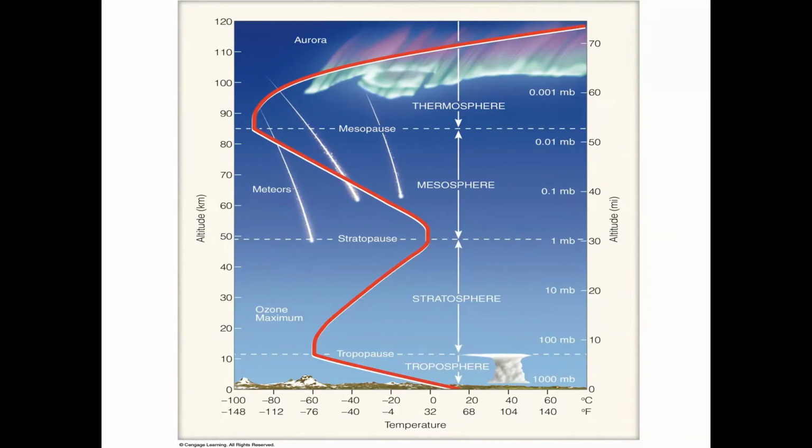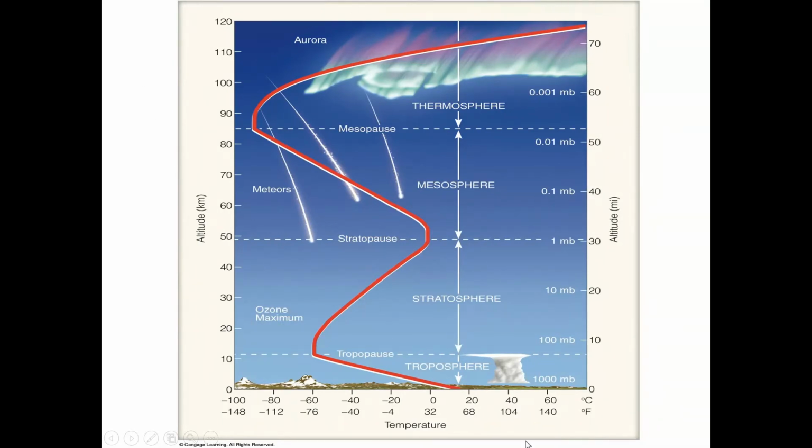Just a quick review: anything on the right represents increasing temperatures, anything on the left represents decreasing temperatures. The bottom of the graph is the surface of the Earth. The top of the graph is the top of the atmosphere. Well, actually, that's way higher than this.